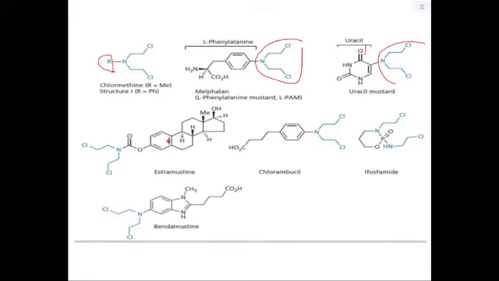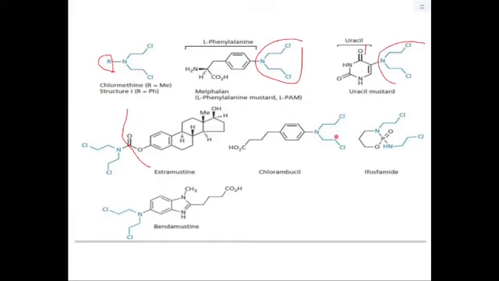Then you can have estramustine, and again, you can see our R there. Of course, this is an estrogen. That's why we are calling it estra, as we have just discussed. That is an aromatic group, so it's an estrogen ester, and that is our R, and the rest is the same.